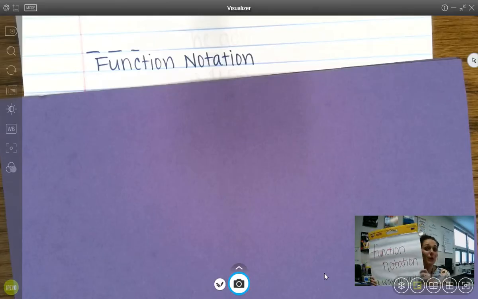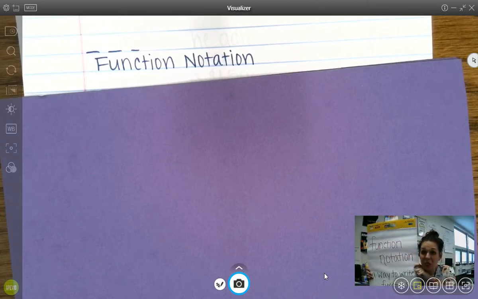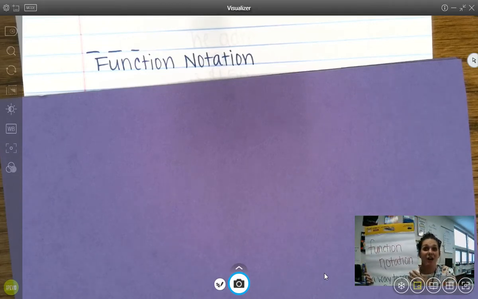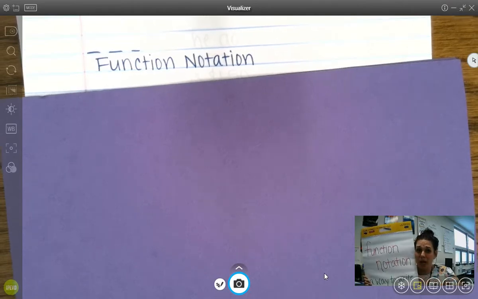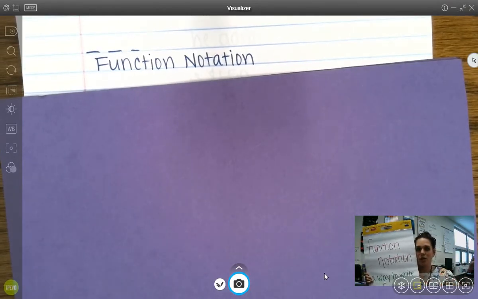All right. So we are going to now take a look at the concept of function notation. And you need to understand the word notation simply means to write. So we have scientific notation and we have standard notation, and notation simply means to write.